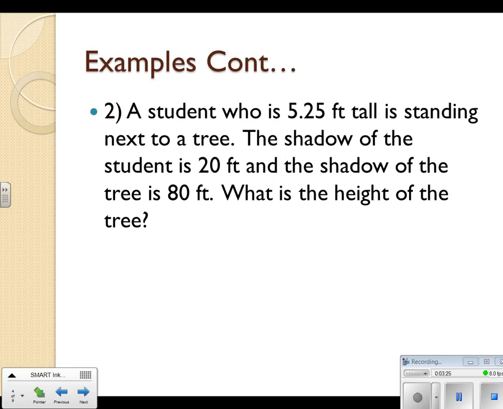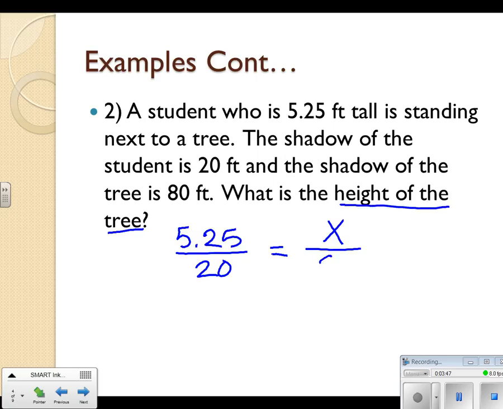So we have the height of the student here, which would be 5.25, and the shadow of the student is 20 feet. So I'm looking at the actual height to the shadow. The actual height of the tree would be X, because that's what we're looking for, the height of the tree, where the shadow is 80.